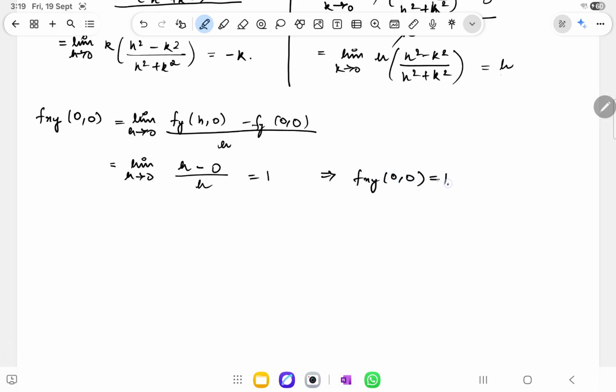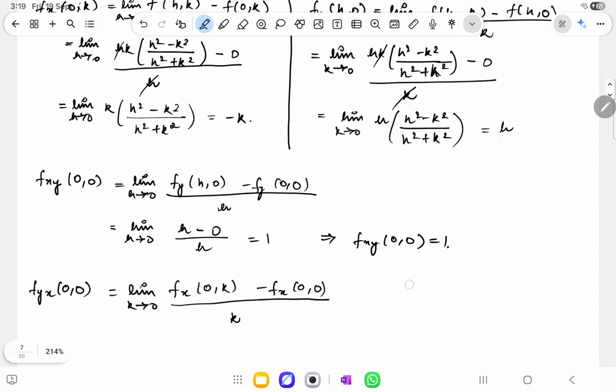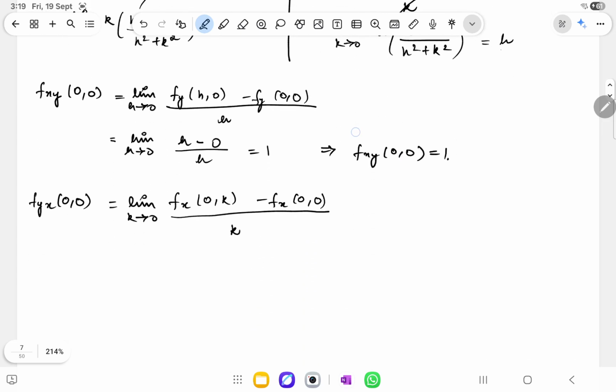Now let us find out fyx(0, 0). This will be equal to the limit as k approaches 0 of [fx(0, k) − fx(0, 0)] divided by k, and we have already solved fx(0, k), that is −k.